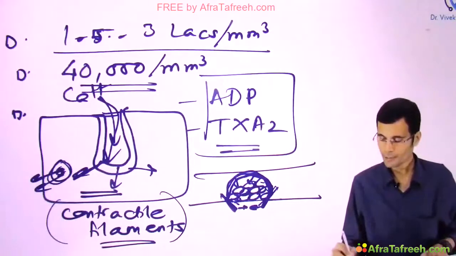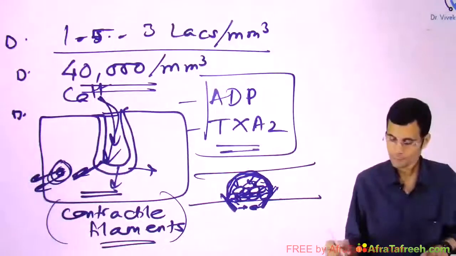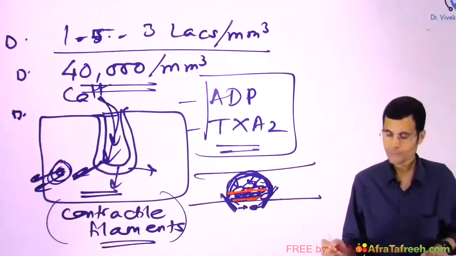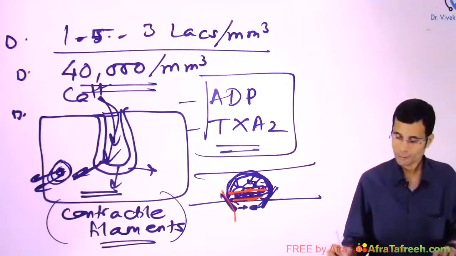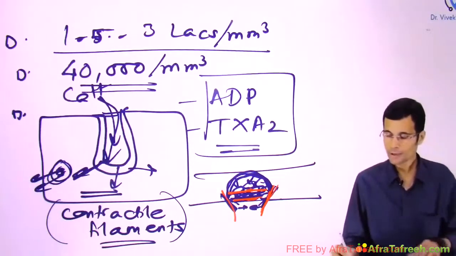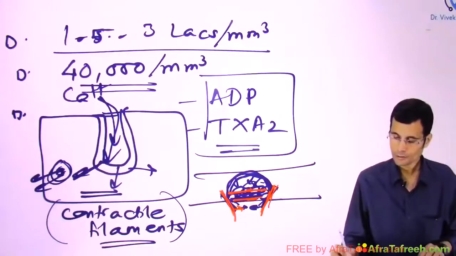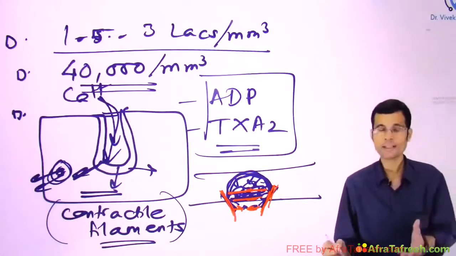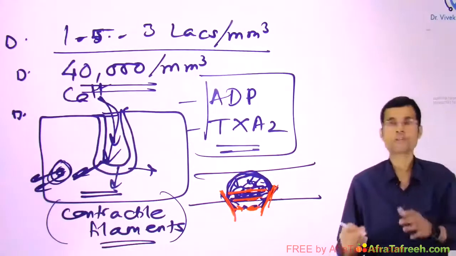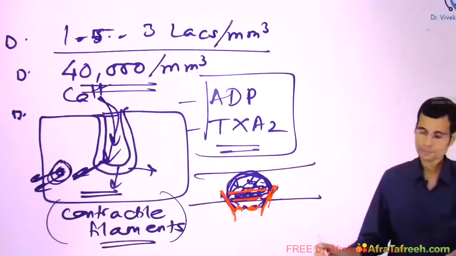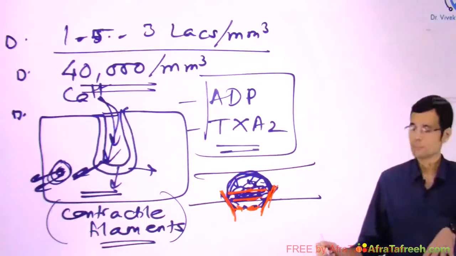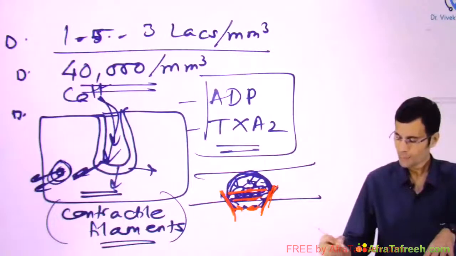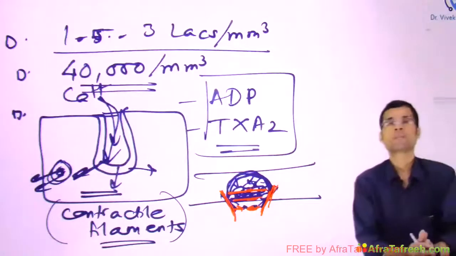Once the platelet plug has been formed, these contractile filaments inside the platelets will contract, and that will pull the injured edges of the blood vessel towards each other for the sake of healing, and clot retraction also would happen. So that's platelet and its summary.